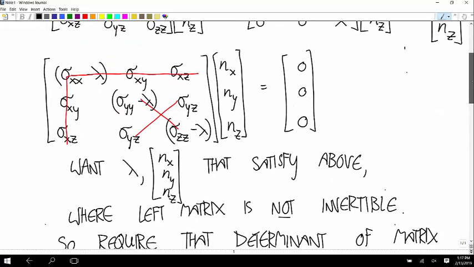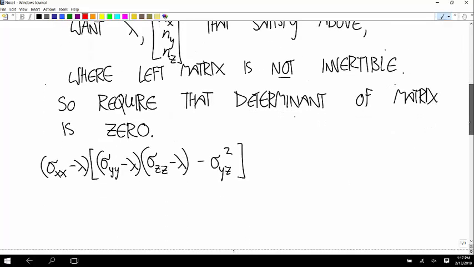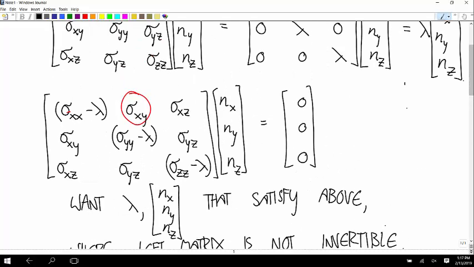Okay, and now we're going to go to the second one. So now we're going to multiply by this term, and this is minus, so minus sigma xy times the quantity, and we're going to cross out this row and this column, just like we did before.